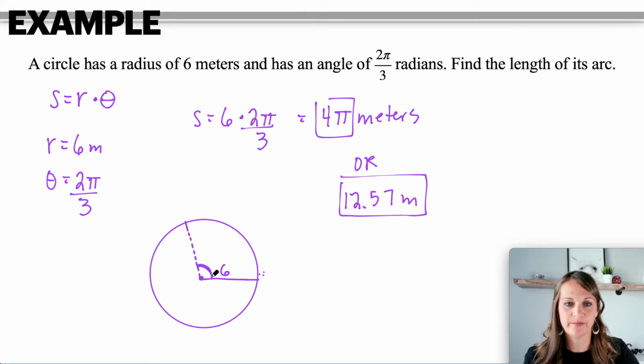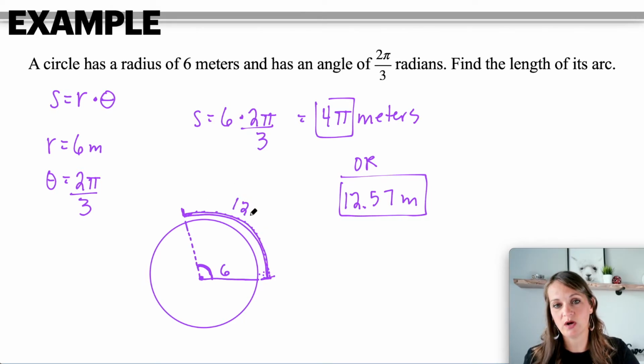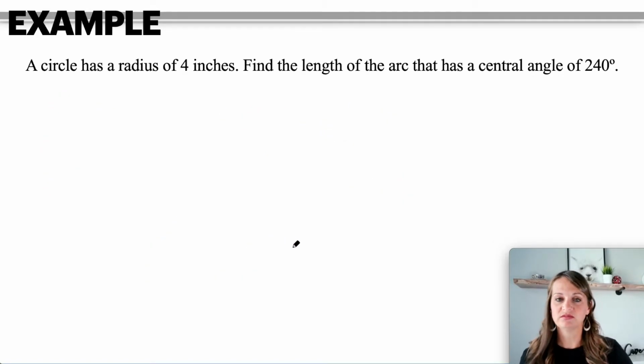Let's say you're a runner on a circular track and you want to know what the distance is as you're running to this point. That distance is 12.57 meters long.